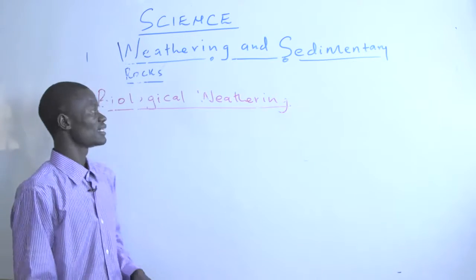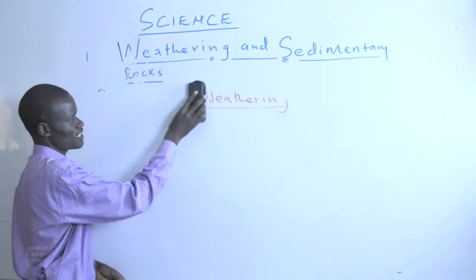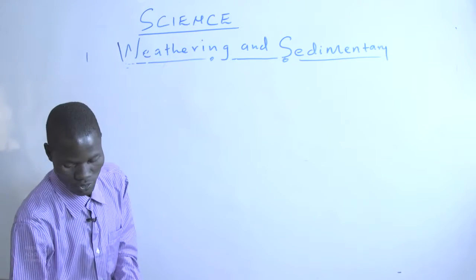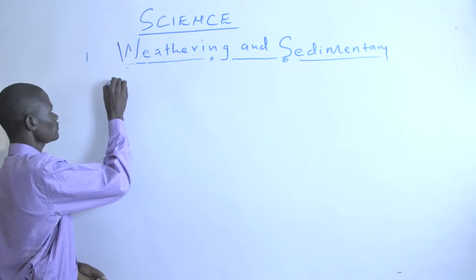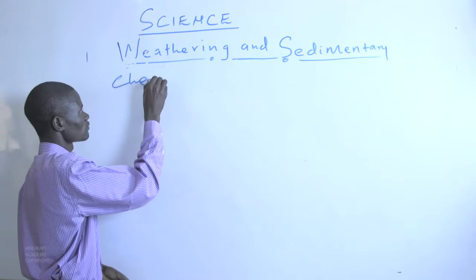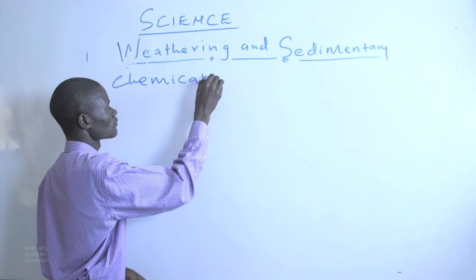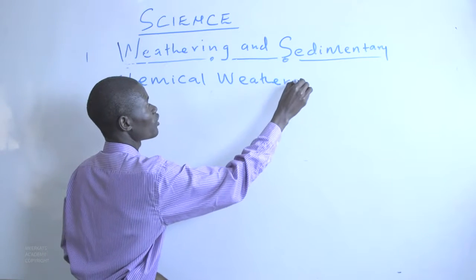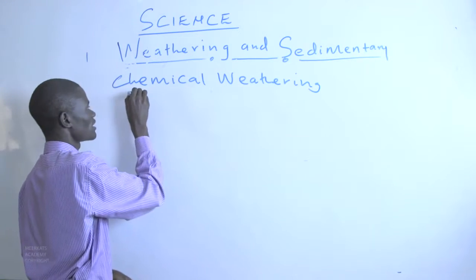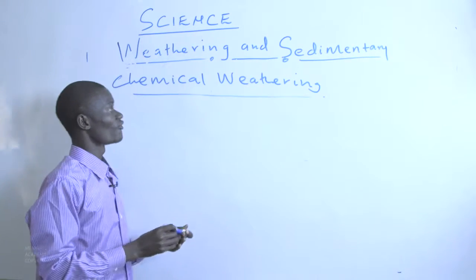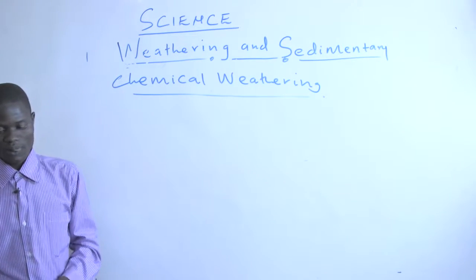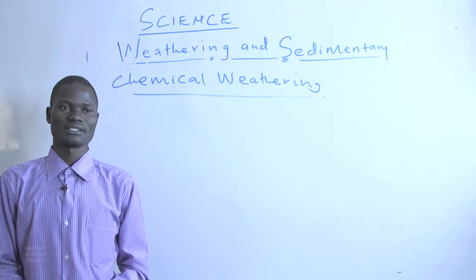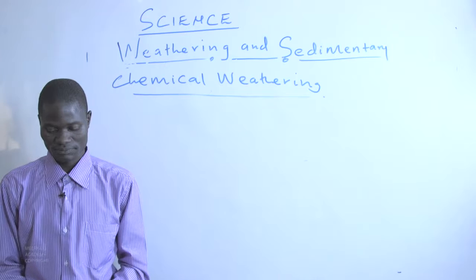Chemical weathering involves various processes. From the word chemical, we learn that this involves a lot of chemicals.